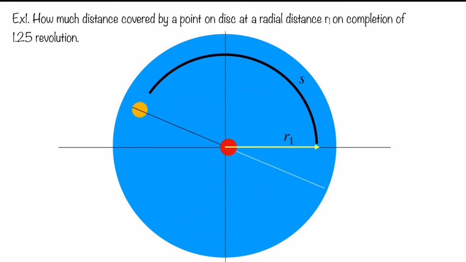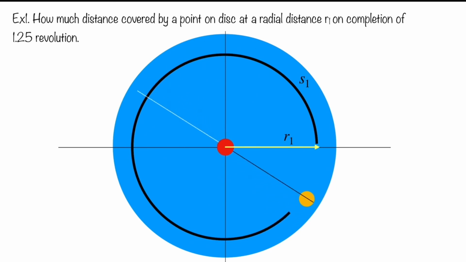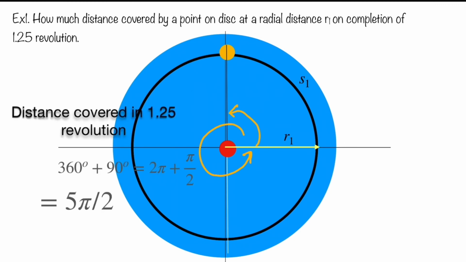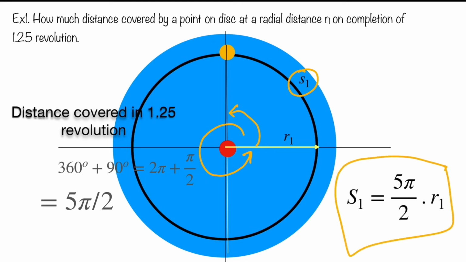So 1.25 revolutions means a complete cycle, which is 360 degrees, plus 90 degrees. So 1.25 revolutions is equal to 360 plus 90, which is equivalent to 2 pi plus pi by 2 radians, and this is equal to 5 pi by 2. So now S1, the distance covered during this motion, is given by 5 pi by 2 multiplied by the radial distance r1. So this is the answer for this question.